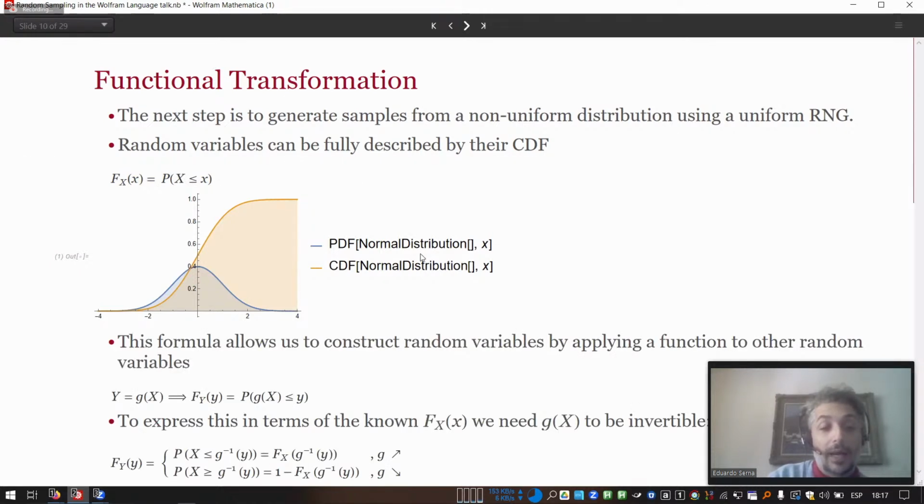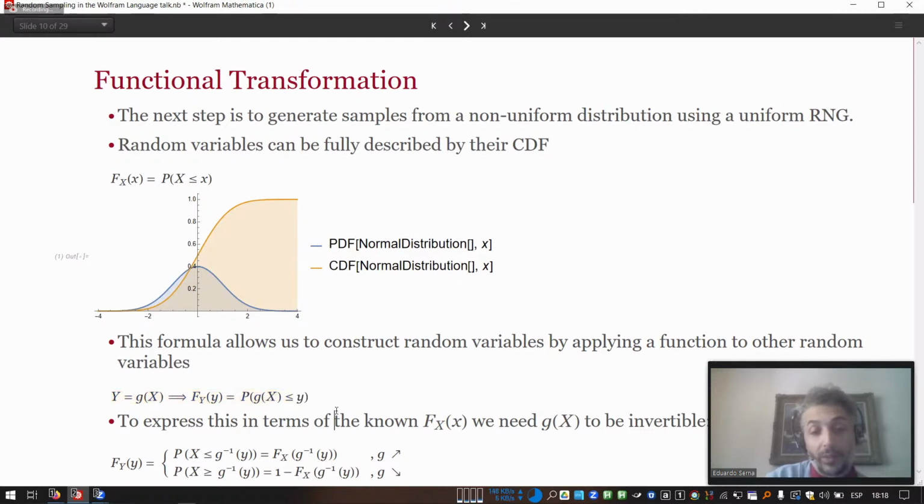And this allows us to construct random variables by applying a function to another random variable. If we have a function g and we use it to define a random variable Y, we can try to figure out the distribution of Y. This can be seen by applying the definition: g of X is smaller or equal to small y.